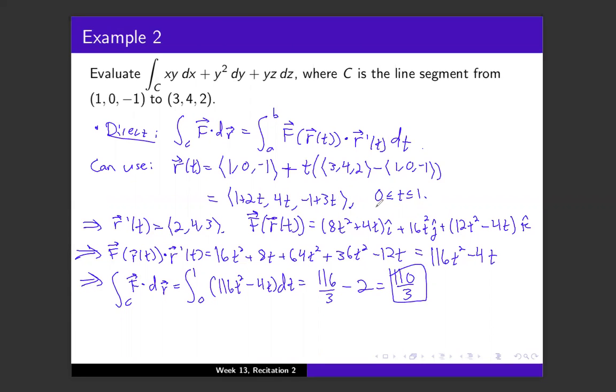And that's basically all that boils down to. So in this case, you really had no choice. We really had to use the direct approach. We didn't really have the option of using either Stokes' theorem or the fundamental theorem of line integrals. Neither of those were really options for us.